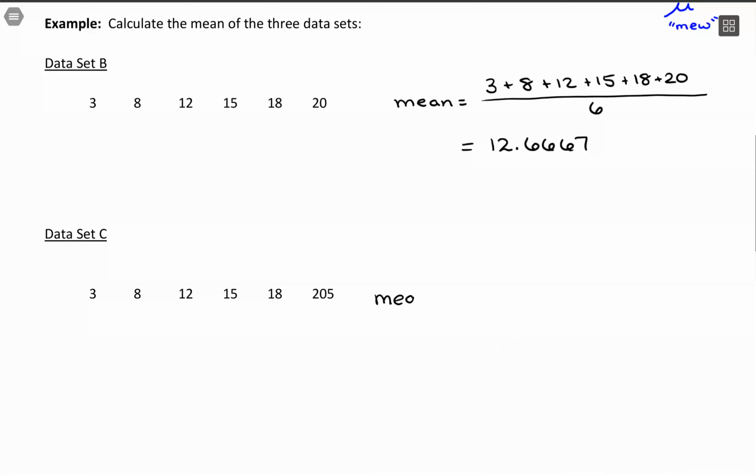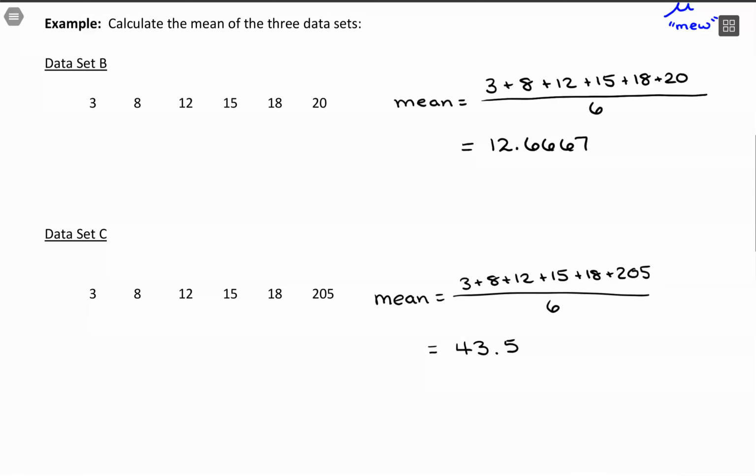So for the mean, we're going to take 3 plus 8 plus 12 plus 15 plus 18 plus 205, and then divide by 6 data values. When we calculate this, we should get 43.5.